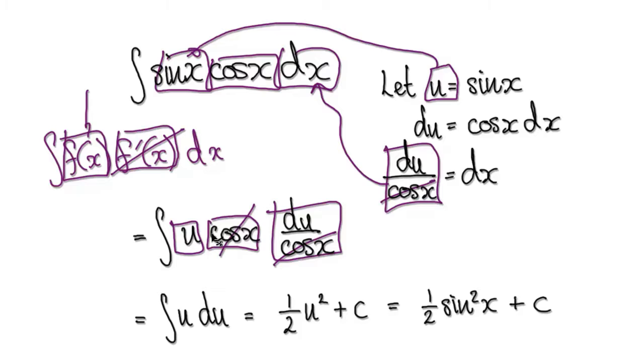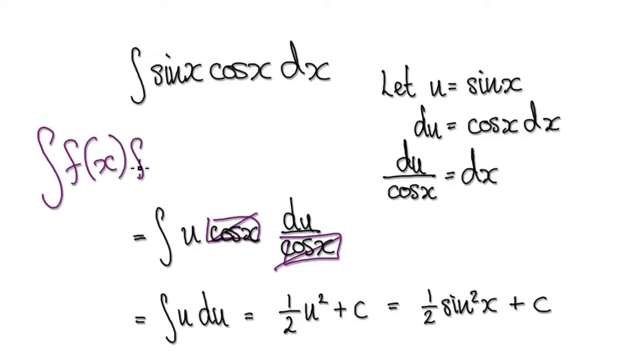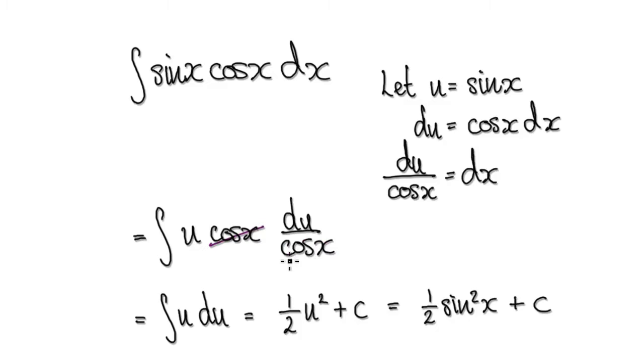So when it comes to trigonometric integration, always keep an eye out for something like this. Once you recognize that this is the exact derivative of this, then you can just use u substitution, and it would be really easy.